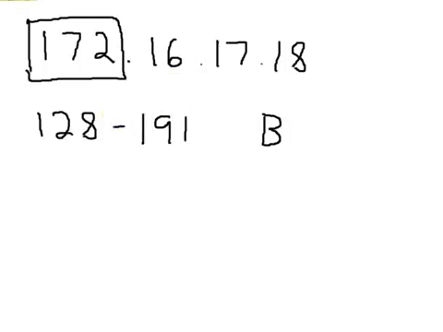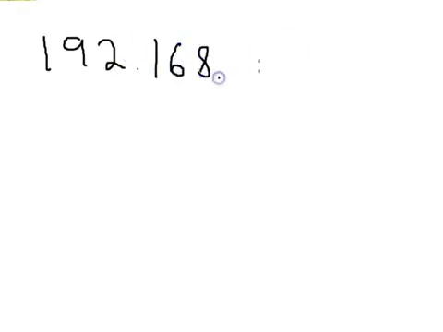Now let's go look at another address. Let's try this one: 192.168.0.1. You might see this if you have a Linksys router or some other home router. They tend to use this for the gateway of the router.